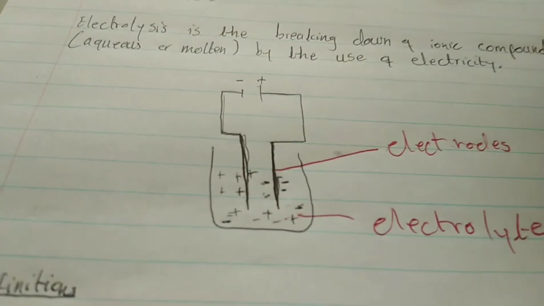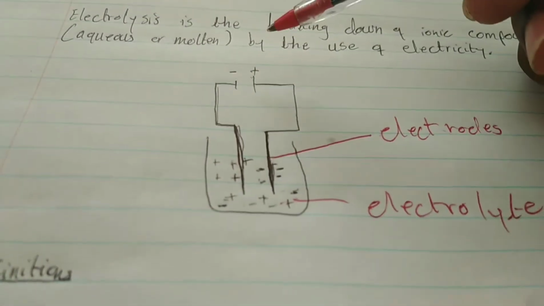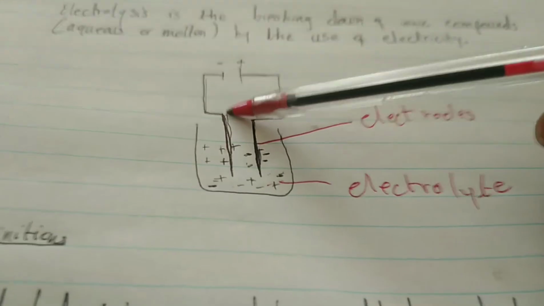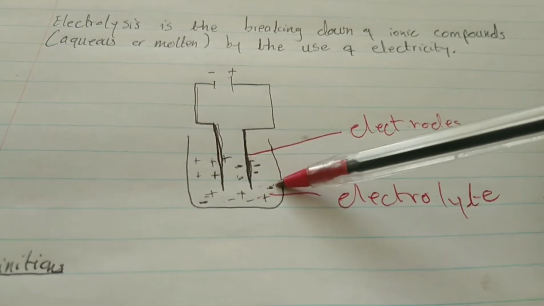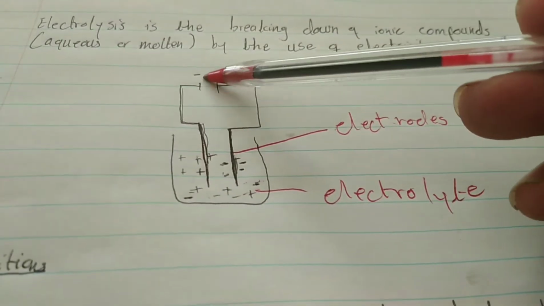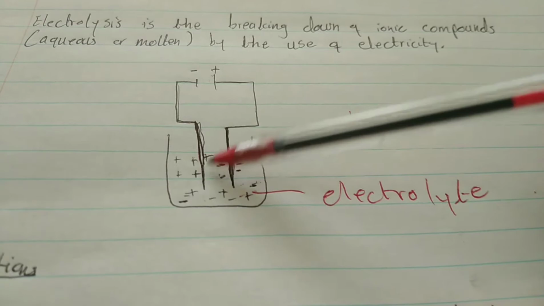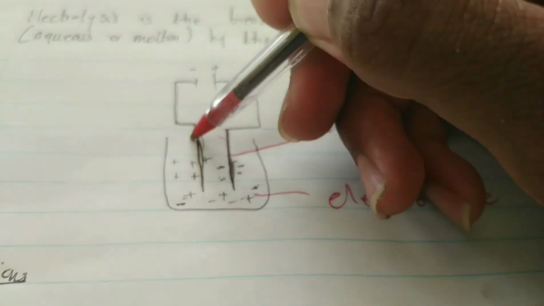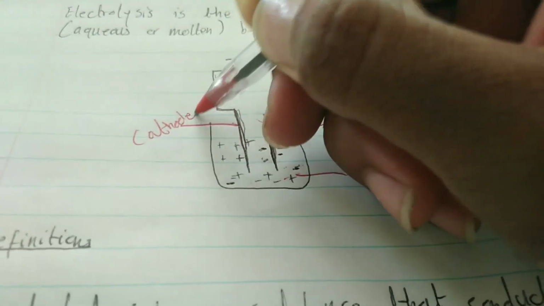As you can see, we have the positive terminal and the negative terminal. This gives the electrodes a charge. The electrode at the negative terminal we call the cathode.